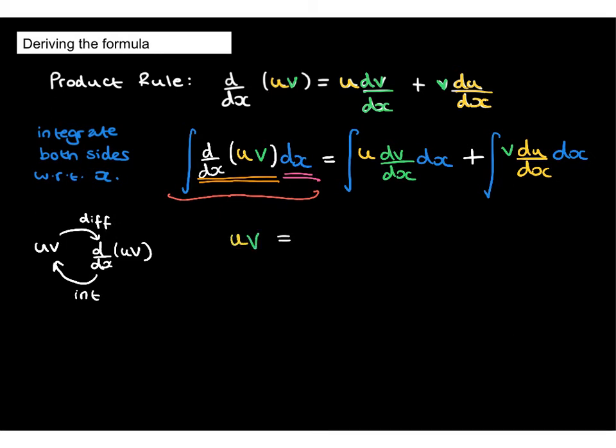On the right-hand side, everything has to stay as it is, and we have the integral of u dv by dx with respect to x plus the integral of v multiplied by du by dx with respect to x.